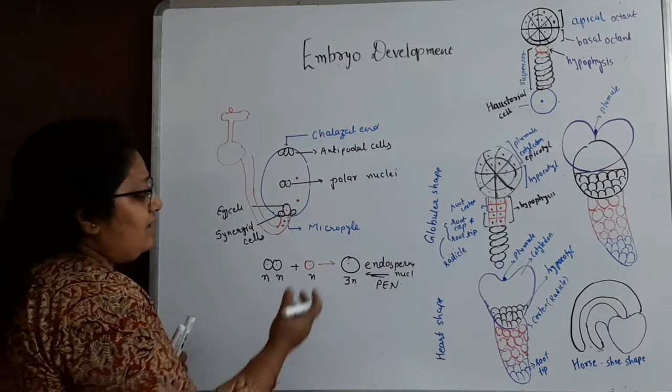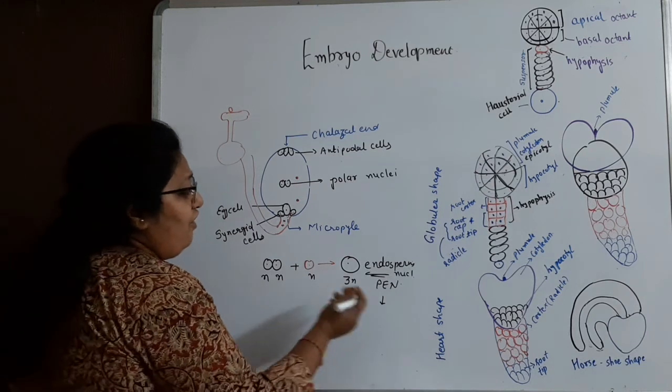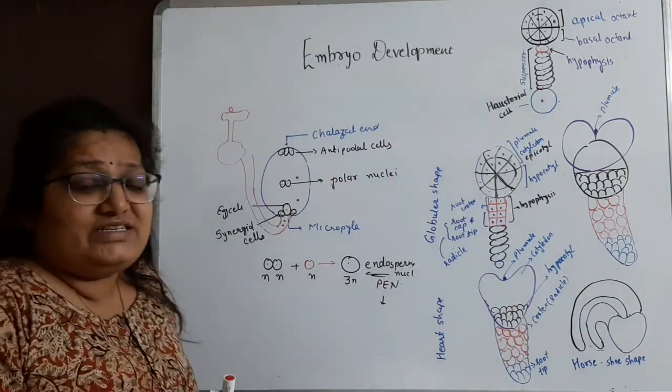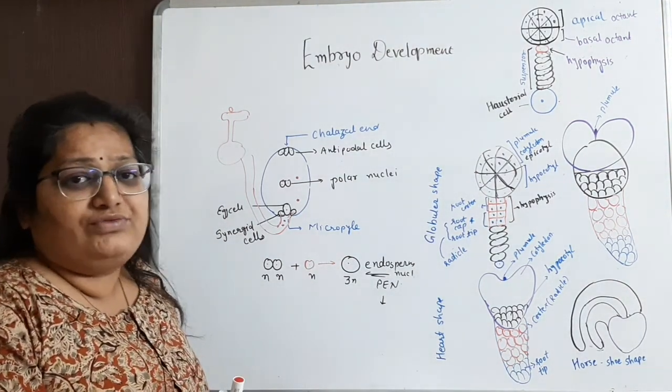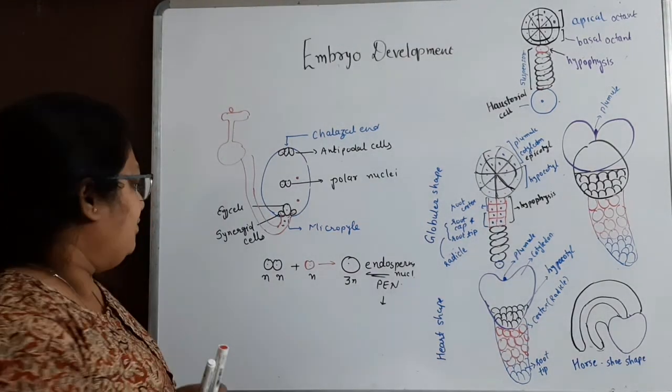It multiplies and forms endosperm, which is the reserve food for the embryo.